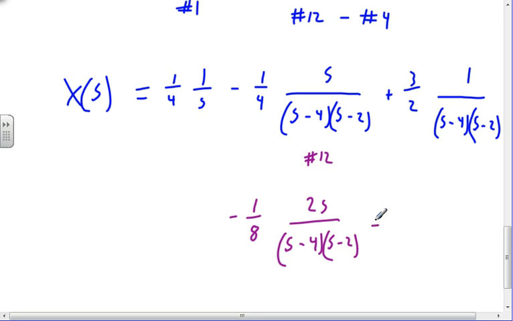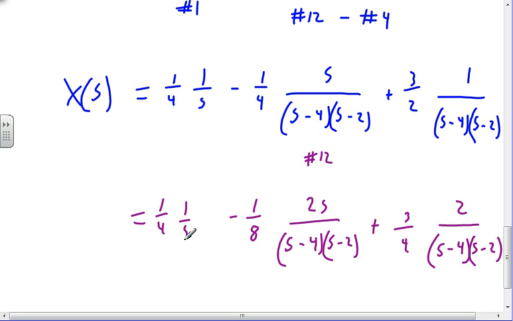And over here I'm also going to want a 2 on top, so that's 3/4 times 2 over s minus 4, s minus 2. And over here I still have the 1/4 times 1 over s.